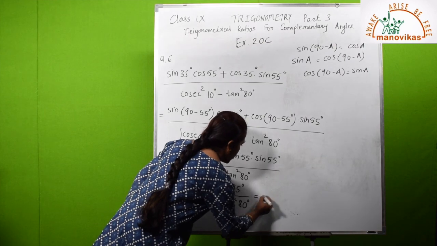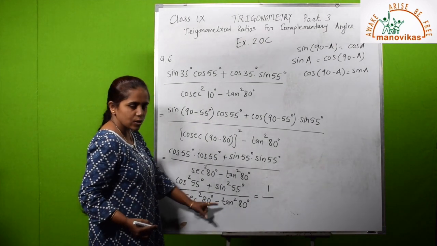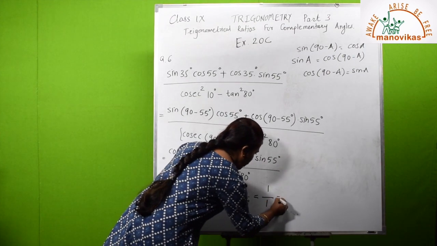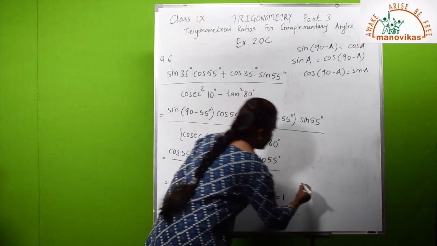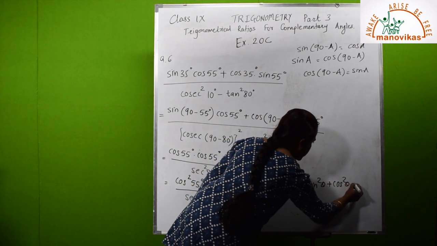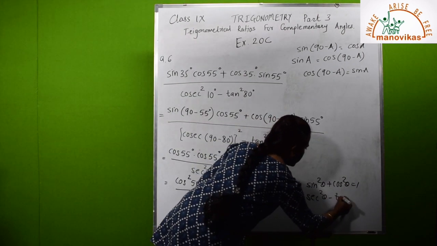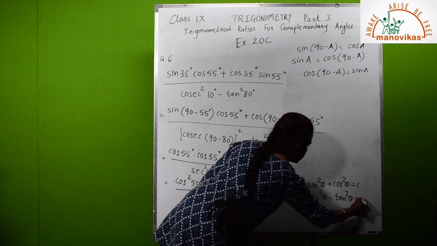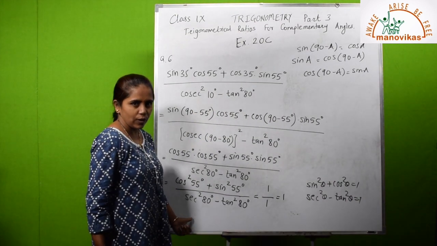Using that, here 1, and sec square minus tan square value is also 1, so the answer will be 1. Here which relations have we used? That is sine square theta plus cos square theta is equal to 1, and sec square theta minus tan square theta is equal to 1. We have used the square relations to simplify this.